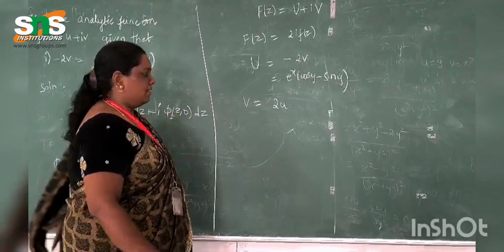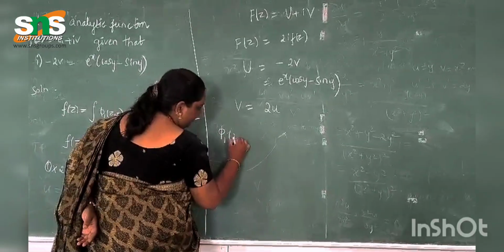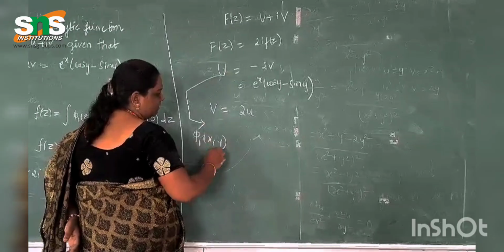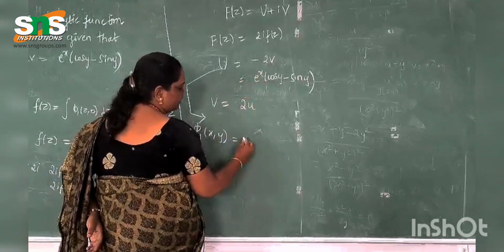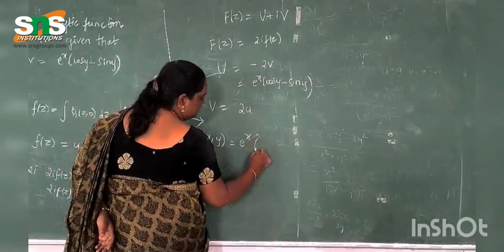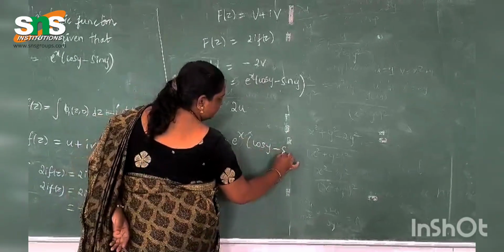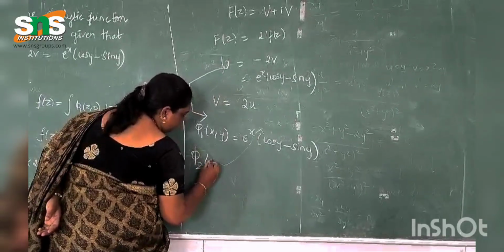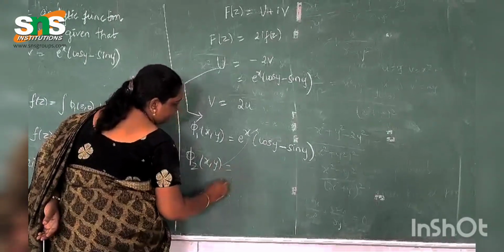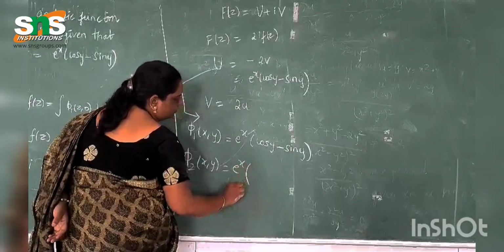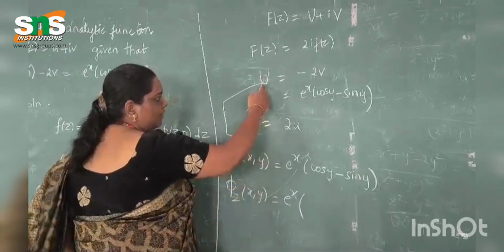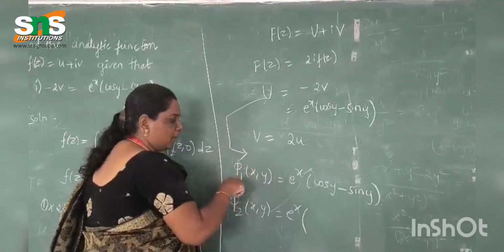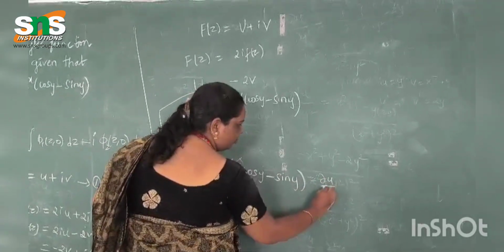Now we are going to apply the Milne-Thomson method. So phi 1 of x comma y: we differentiate this function with respect to x, which is nothing but dou u by dou x.